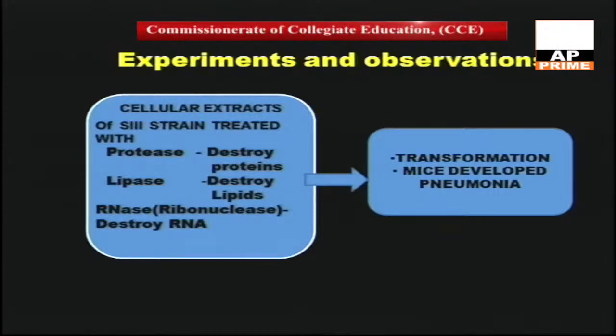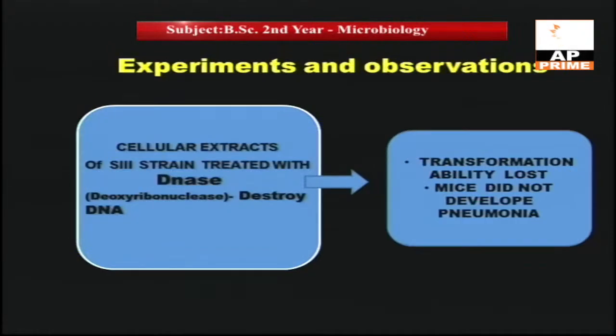That means mice developed pneumonia and died. Then the scientists subjected the cellular extracts of S3 strain to DNase enzyme, mixed this preparation with live R2 cells and injected it into mice. It could not cause transformation, indicating that the transforming ability was lost.